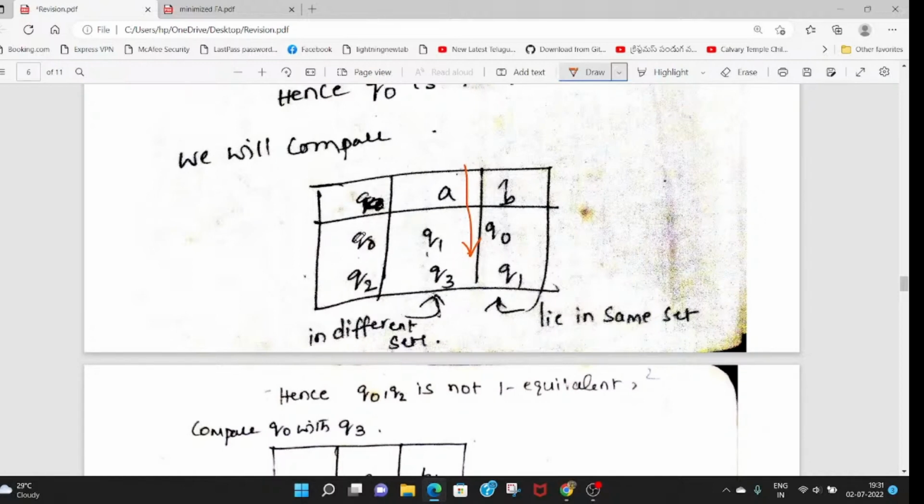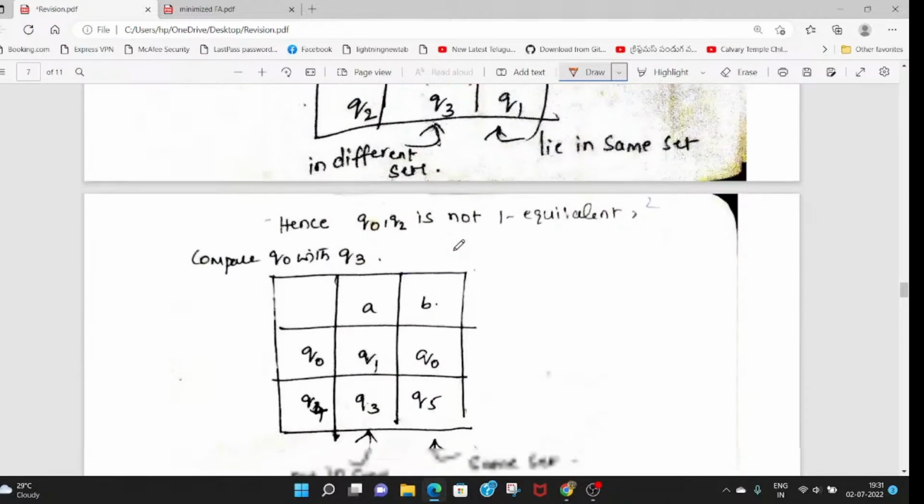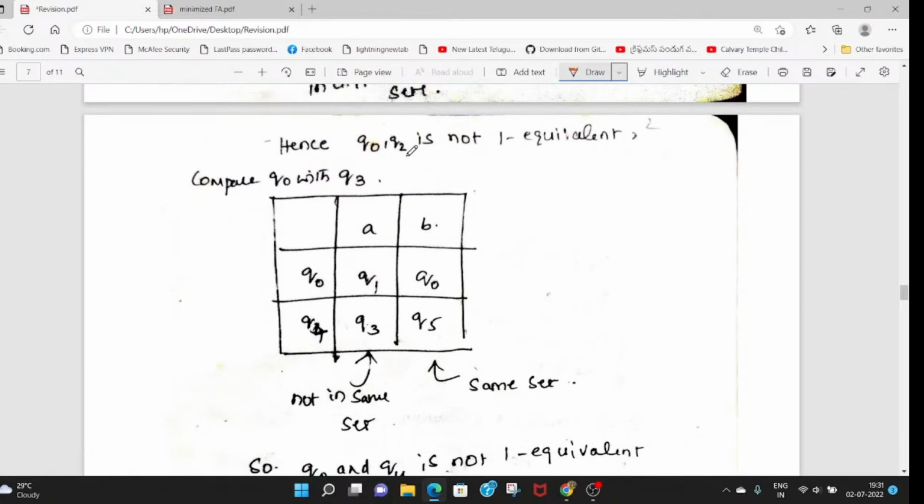So now remember Q0 differs from Q2 at column A, and Q0, Q2 are not equivalent because we cannot put them as a single group. For Q0, Q4, I am getting Q1, Q3, both not in the same set, and for Q0, Q5 they are in the same set.